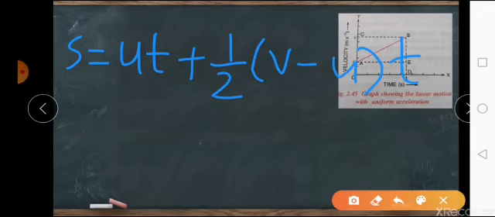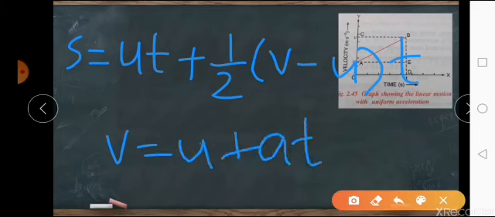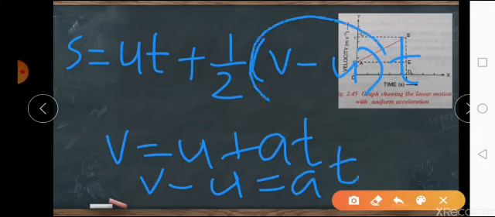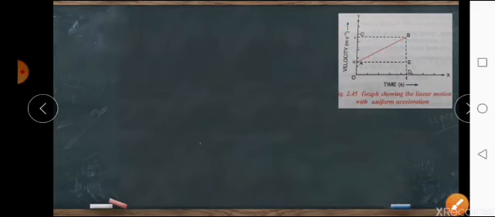Now what we are going to do is go back to the first equation, V is equal to U plus AT, and this time we are going to replace V minus U. From this equation you can write V minus U is equal to AT. Now this V minus U you are going to replace with AT.